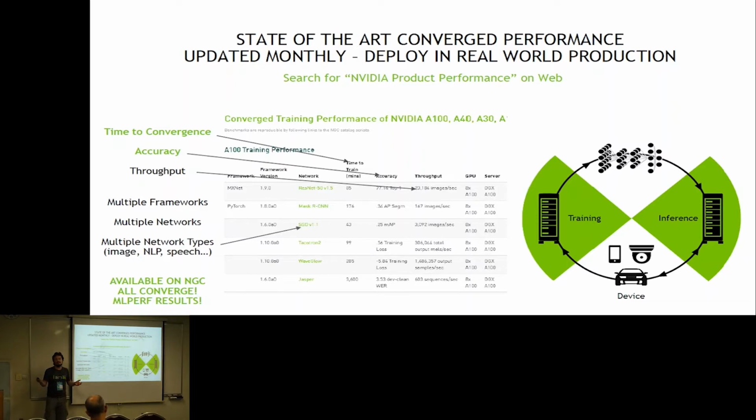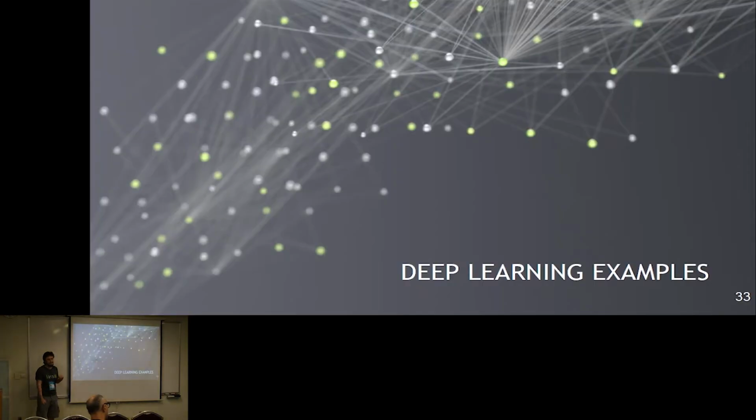And NVIDIA is usually the best in all the categories. We always submit in all the categories and win all the suite. There is code to reproduce them. They are reproducible and valid. So use them as a reference.